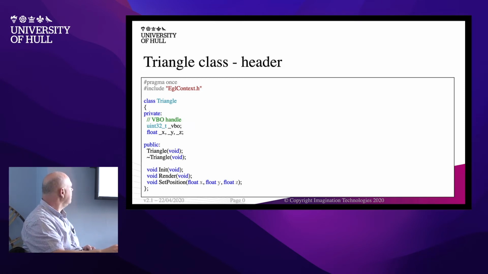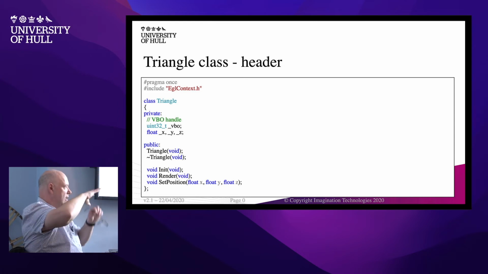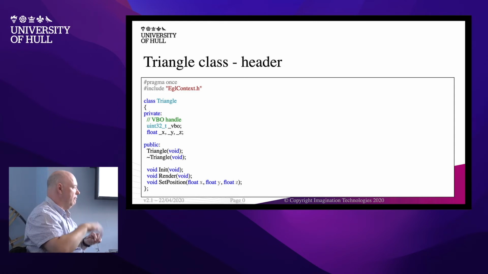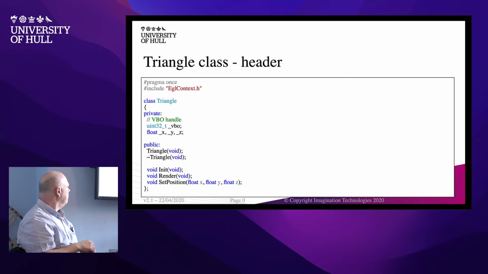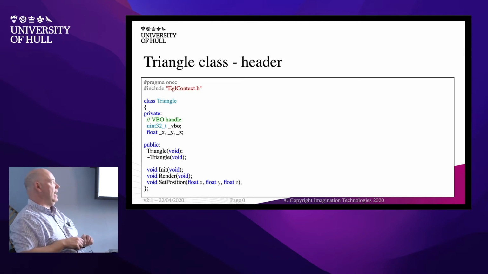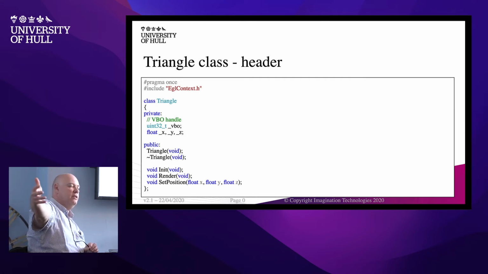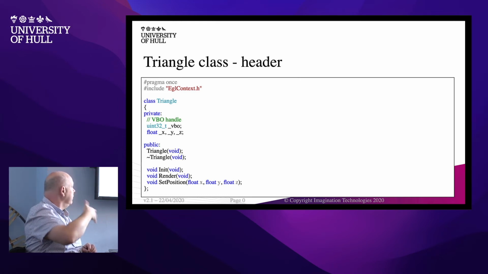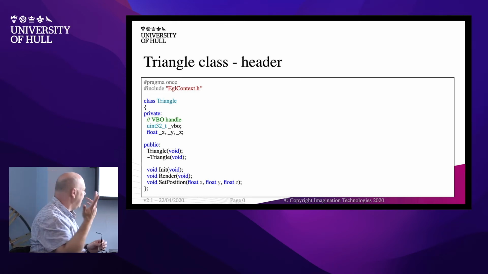So in terms of what the triangle class could look like, looking at the header file, for instance, we do need to include this EGL context because that ultimately is everything that we need for the current platform is in there. Two sort of properties. One is a handle to the VBO that will be created. What is nice about OpenGL is pretty much everything you create using OpenGL, the handle is just an integer, an unsigned integer.